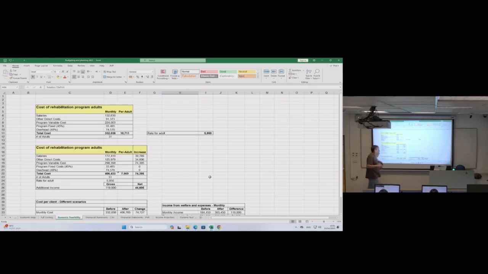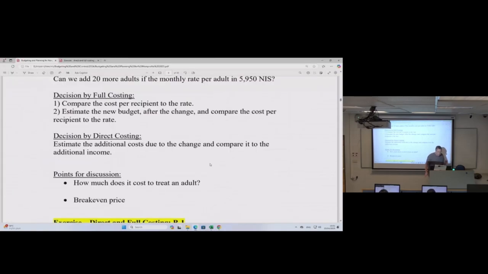Why is the difference? But first of all, let's understand the method, or how we do the calculation. In order to evaluate changes, we have to use the direct costing. Using full costing for analysis of changes will give us a wrong decision rule.